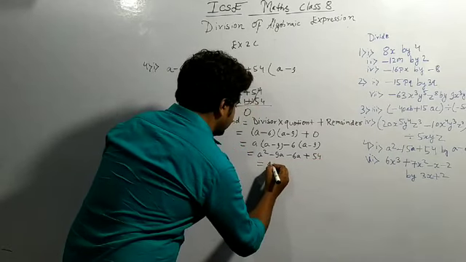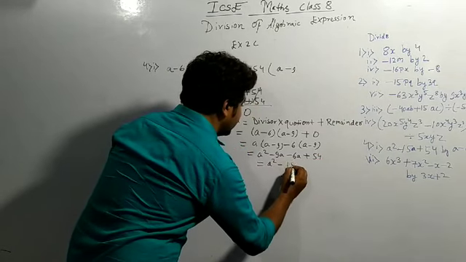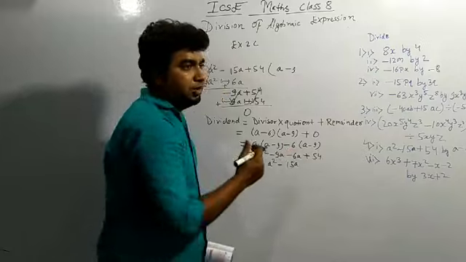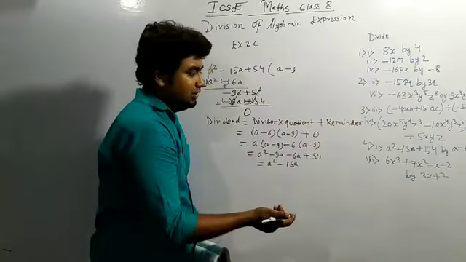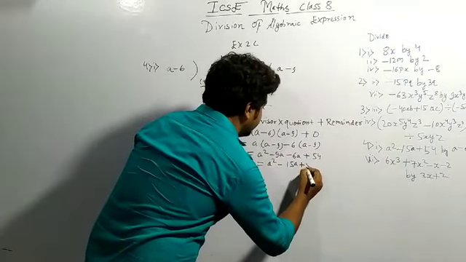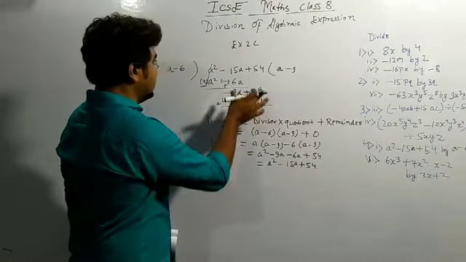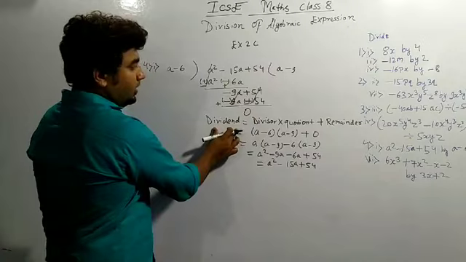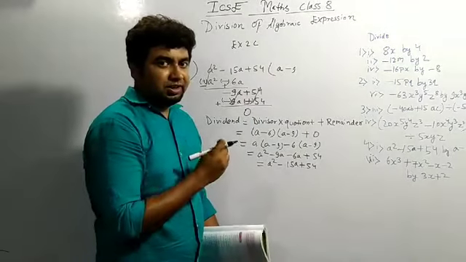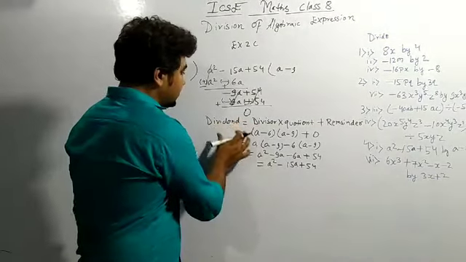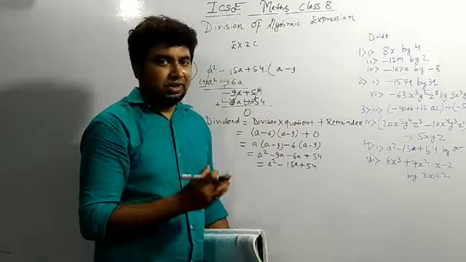So a square minus 15a plus 54, which is equal to our dividend. Means we have done it correctly. So this is known as checking: the dividend is equal to divisor into quotient plus remainder.